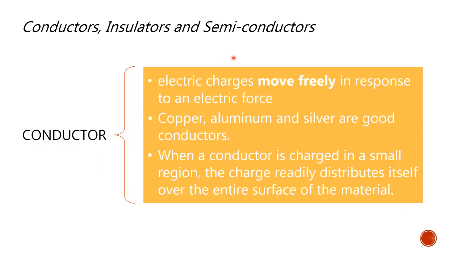If the electric charges move freely in response to an electric force, such as what happens in copper, aluminum, or silver, then the material is called a conductor. When a conductor is charged in a small region, the charge readily distributes itself over the entire surface of the material, since the charges can move freely in response to an electric force.